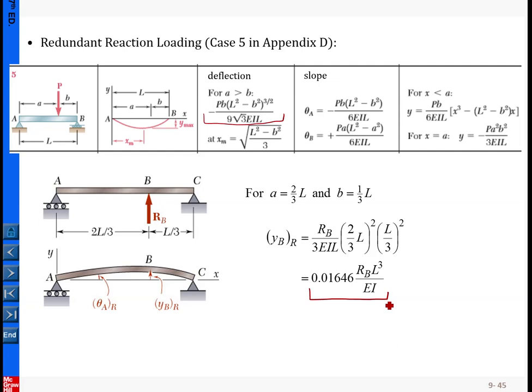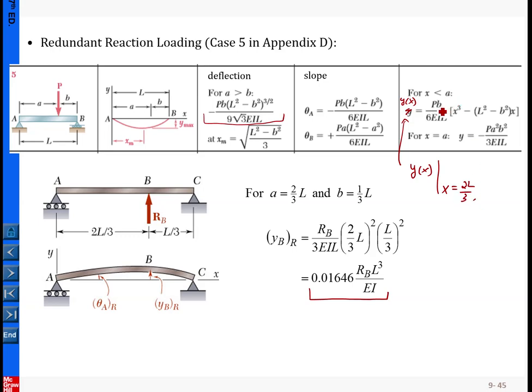You can double check, or otherwise you can use this equation, y/x, with x equal to 2L/3.